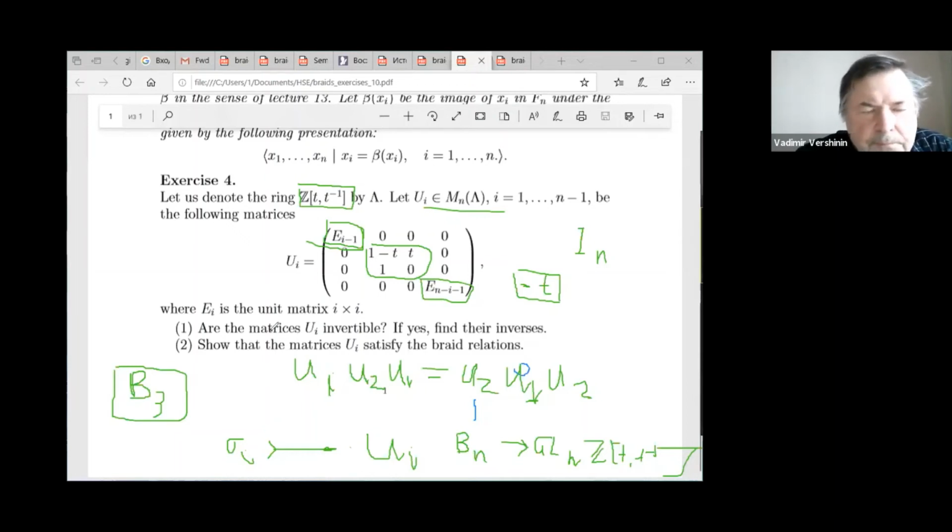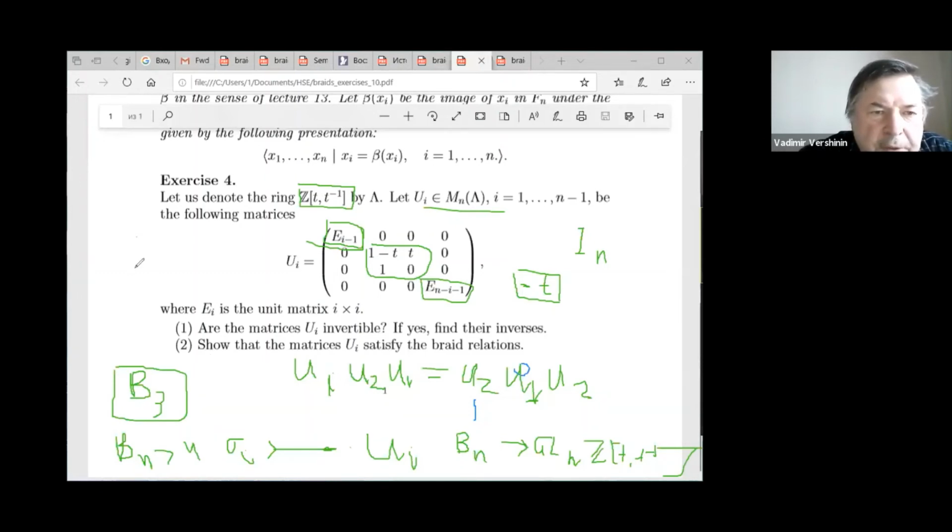So B3 is a group of matrices, actually a subgroup of matrices. For B_n, n strictly greater than 4, it is not a monomorphism. It was proved not long ago, and it has a very small, but anyway non-trivial kernel, right?